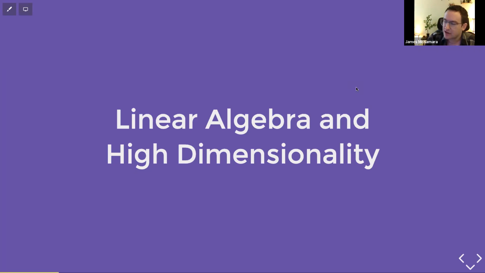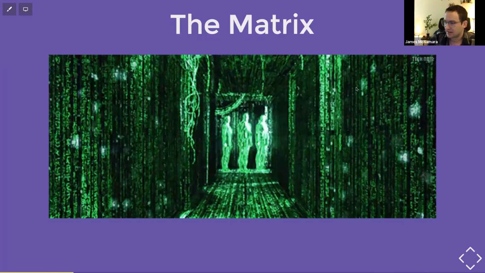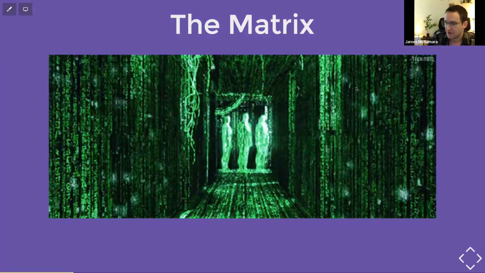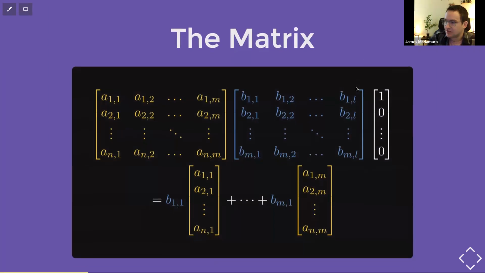Linear algebra is the study of the matrix, and it feels very mystical, but it's really just matrix math. And matrix math is really just a way to do a lot of calculations faster.